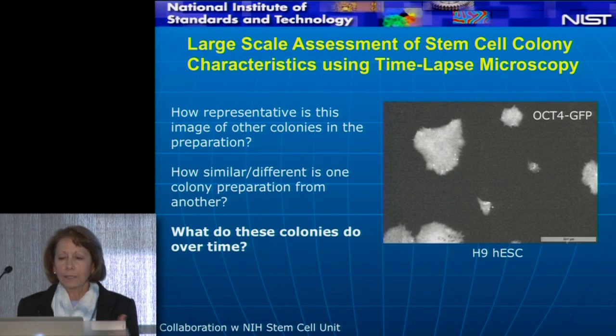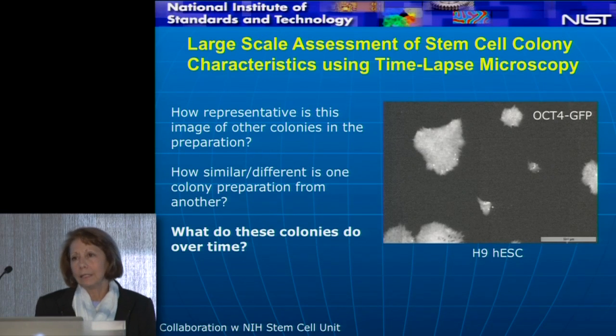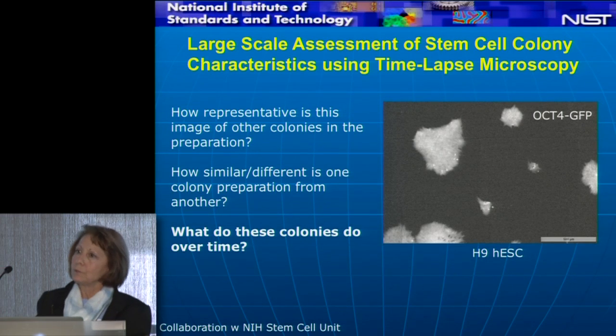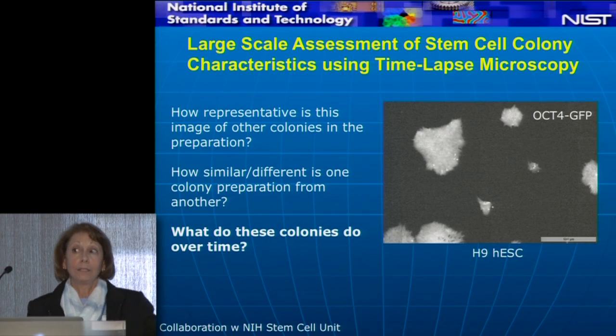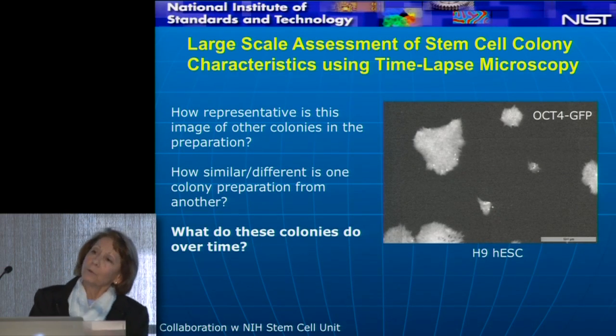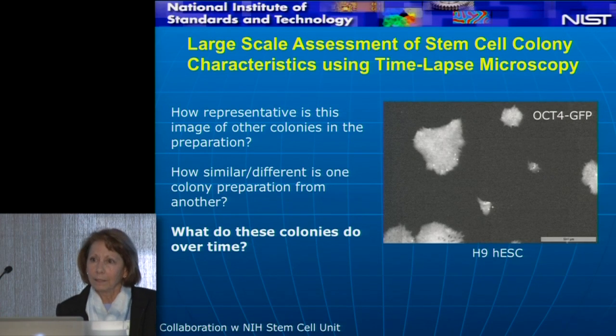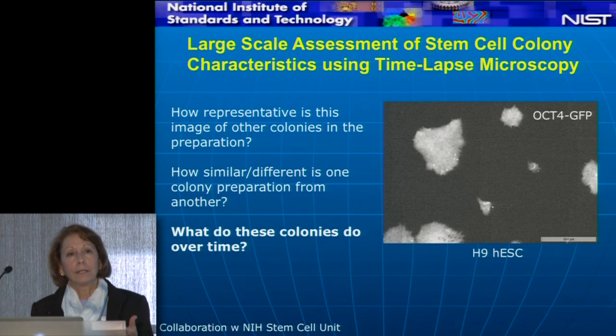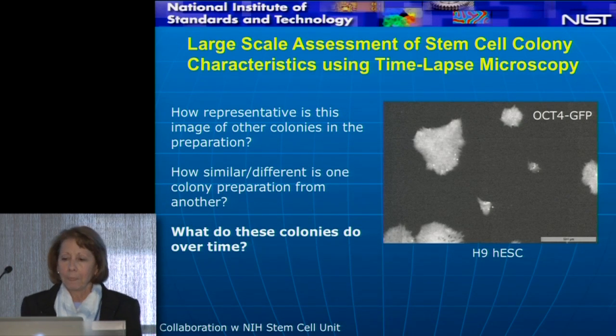Of course, that gives us the opportunity to look at dynamic events and how the events that you might see at this time relate to events that you see in the future or in the past, and question the assumptions that we're making about image features that we think are important relative to a characteristic like pluripotency.